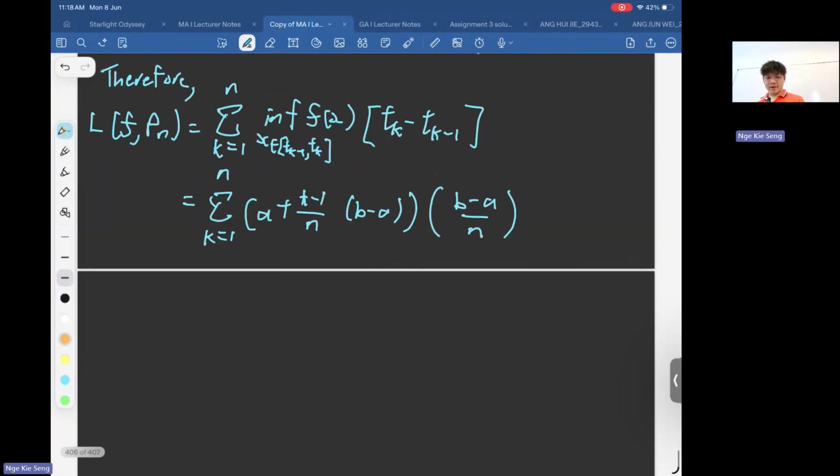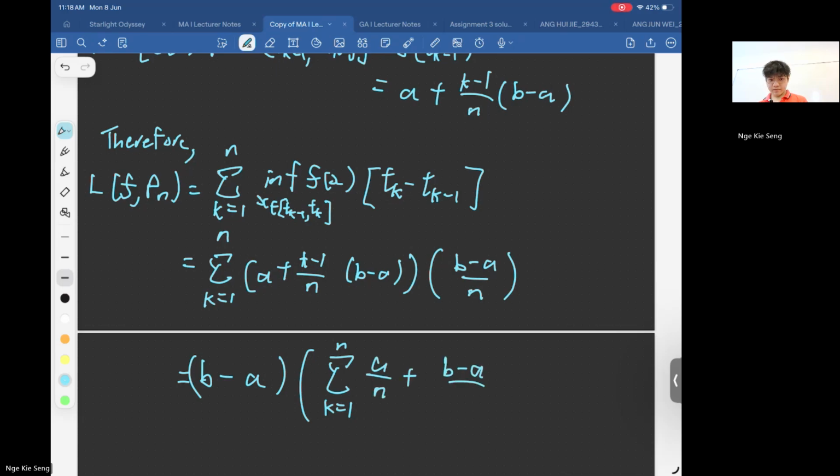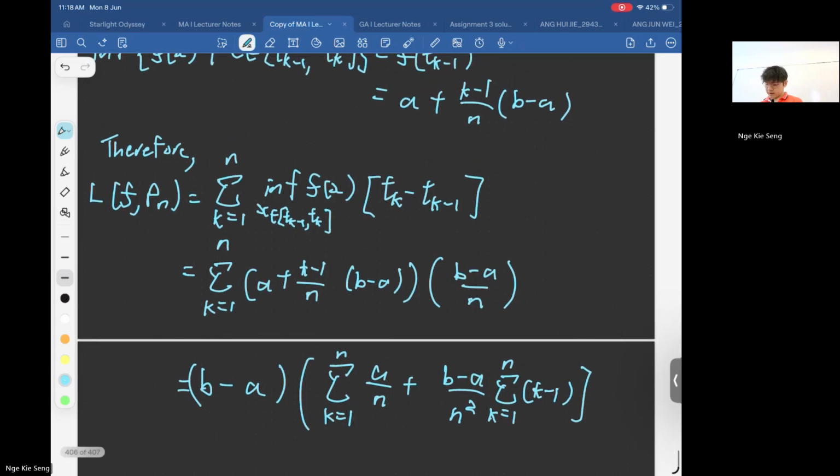Okay, then how to compute this sum? This sum is a little bit tricky. So what should we do first? Maybe we can just pull out b minus a. Is it possible? Yeah, pull out b minus a first, and then we can put those that are related to the sum in here.